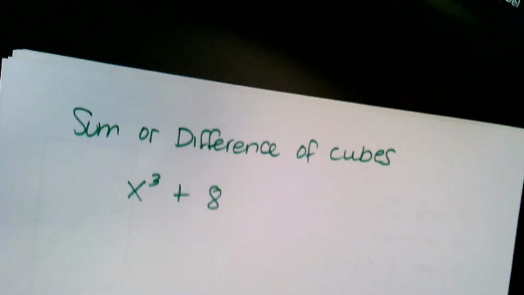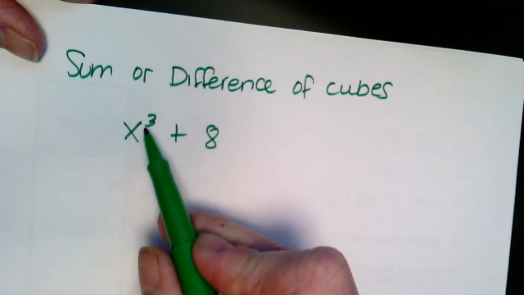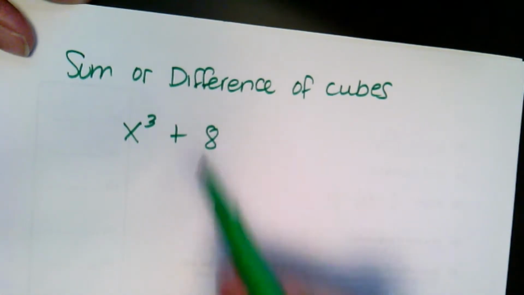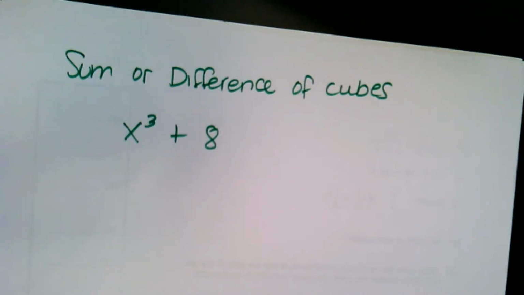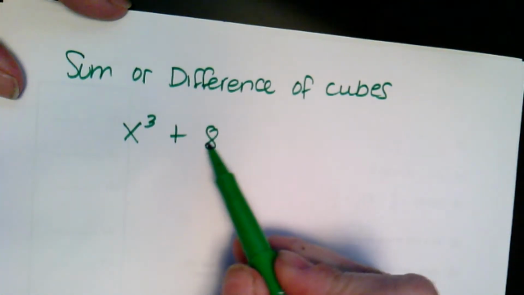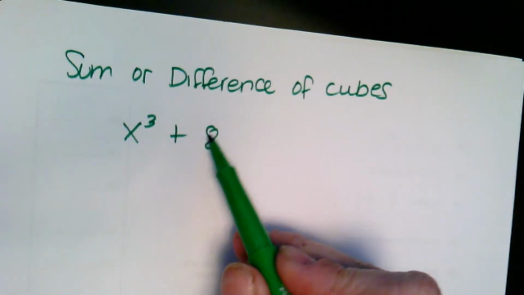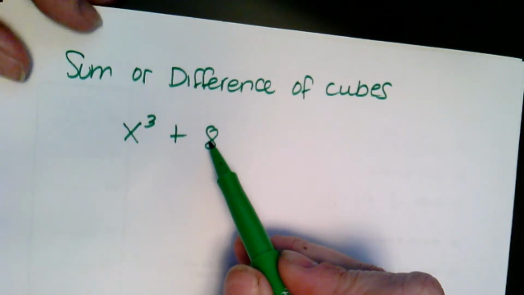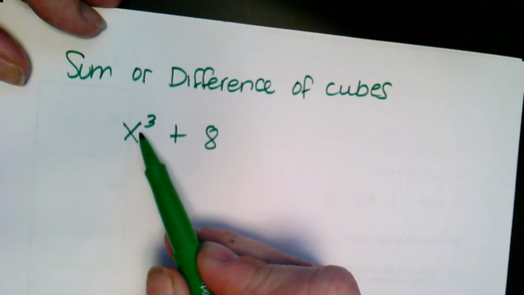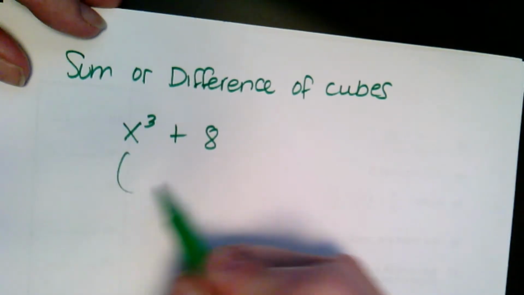When I look at this, this is a perfect cube and this is a perfect cube. Cube meaning I can take a number and multiply it times itself 3 times and it comes out perfect. If I take the cube root of this, that would be 2. If I take the cube root of this, it would be x.